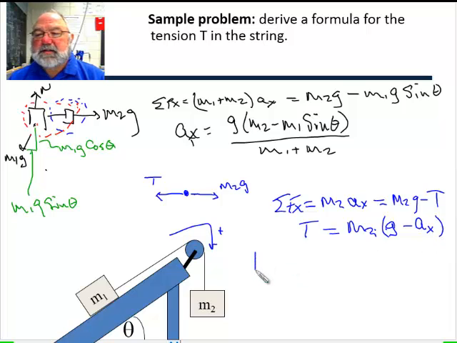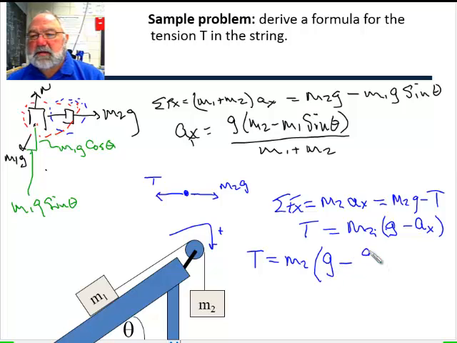I need to substitute in my acceleration in the x direction. So at this point it will be m2 times g minus g times m2 minus m1 sine theta, all over m1 plus m2.